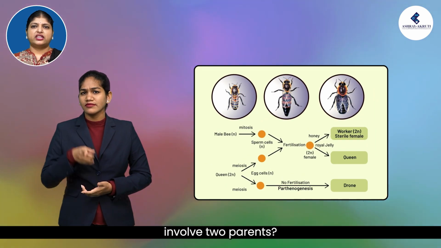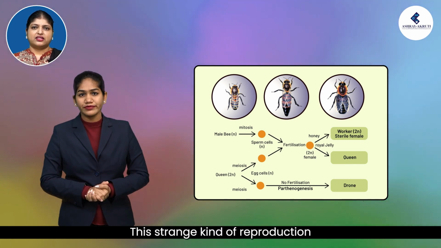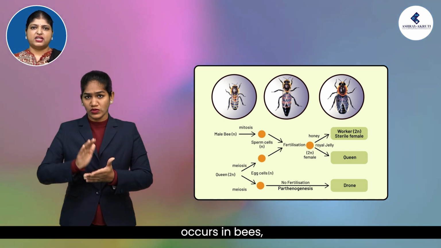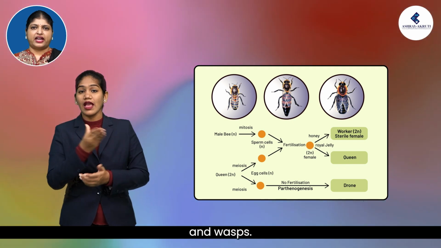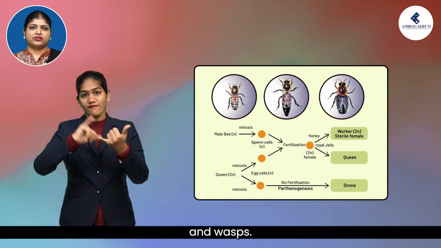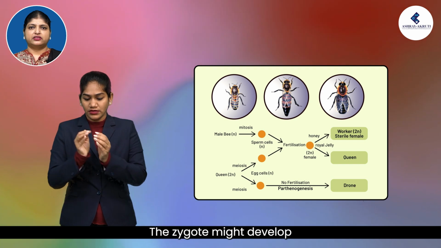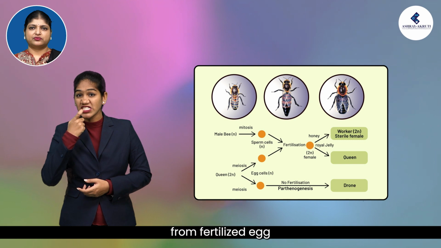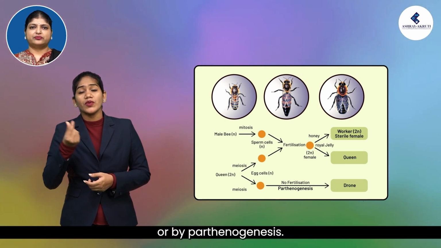Would this process involve two parents? This strange kind of reproduction occurs in bees, ants, and wasps. The zygote might develop from a fertilized egg or by parthenogenesis.